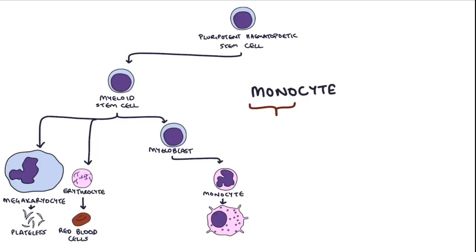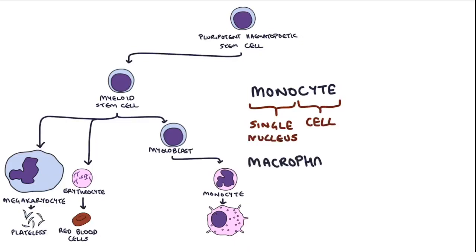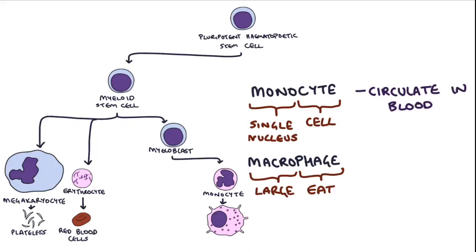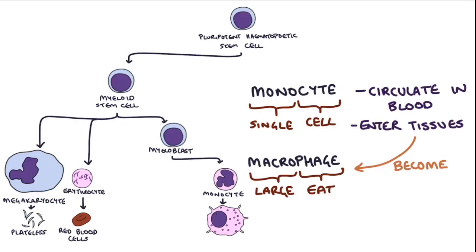So mono refers to the single nucleus, cyte refers to cell, macro refers to the fact that it's large, and phage means to eat. So monocytes circulate through the bloodstream, and then when they enter the tissues, they actually differentiate into the macrophages. So these are very similar, the same family of cell.